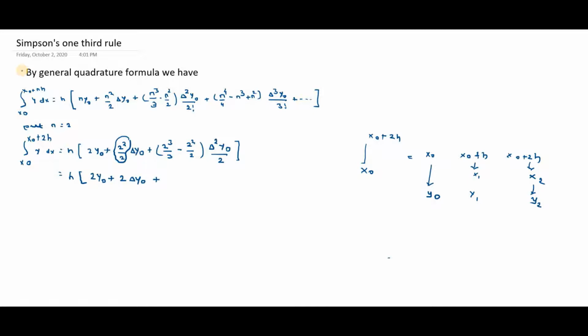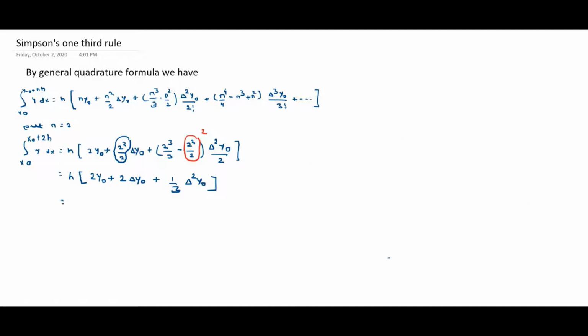Similarly here, 2 cube is equal to 8, so 8 divided by 3 minus 2 simplifies to 2 divided by 3, and outside we have delta square y0 divided by 2, where the 2 and 2 get cancelled, so we get only 1 divided by 3 into delta square y0.